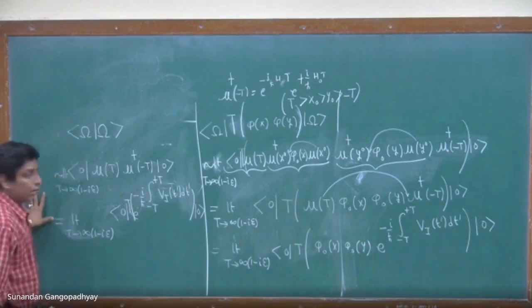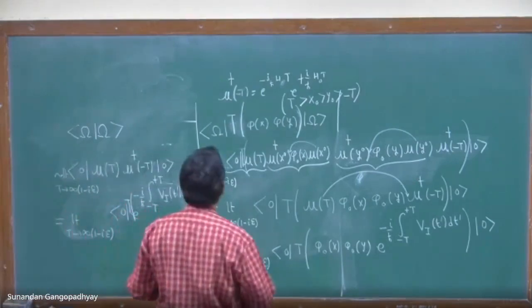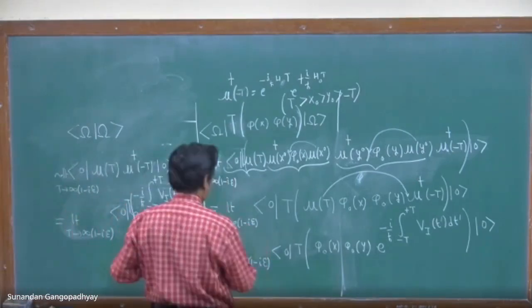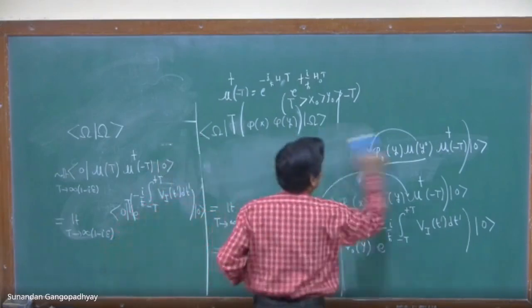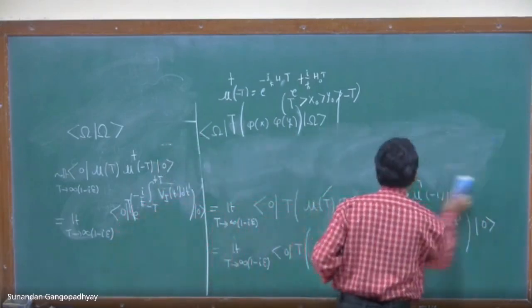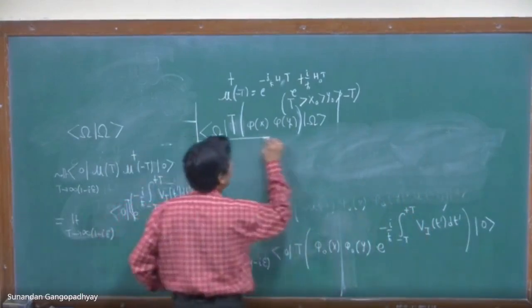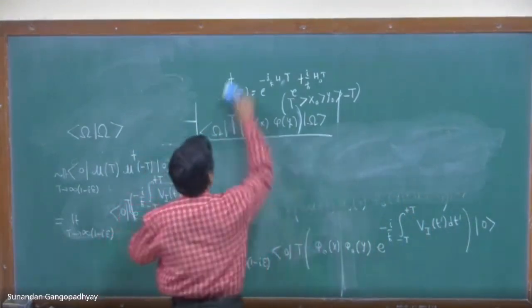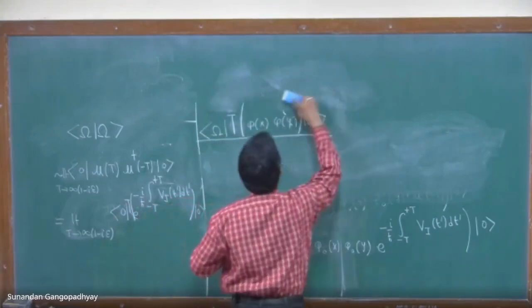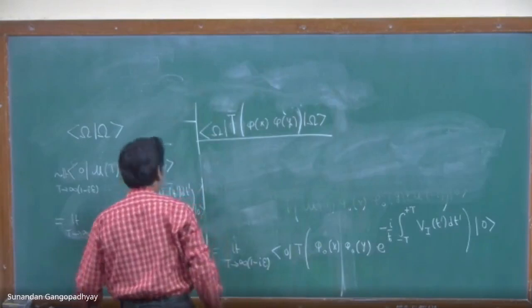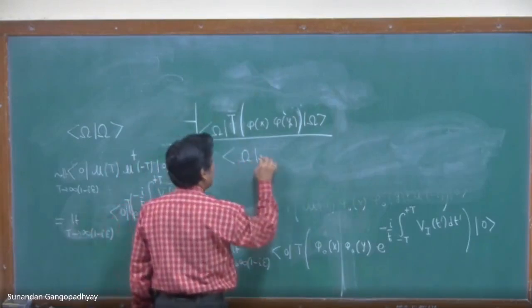So you can get rid of the unwanted factor by considering the quantity, this by this.